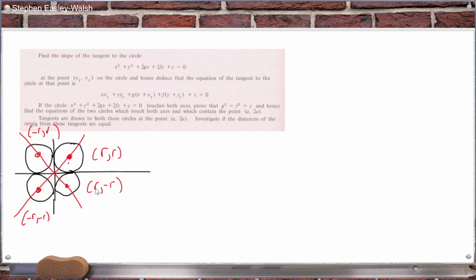So yeah, it's basically at plus minus r, plus minus r, because minus plus, minus minus, plus plus, plus minus. Yep, that's all the possibilities represented there. Which is equal to plus minus g, plus minus f.